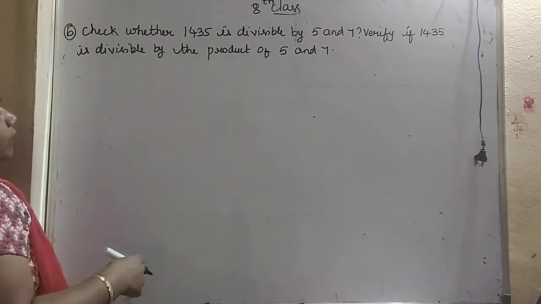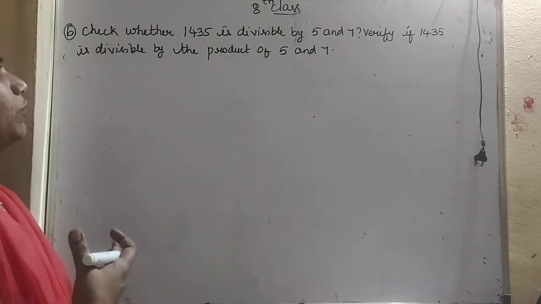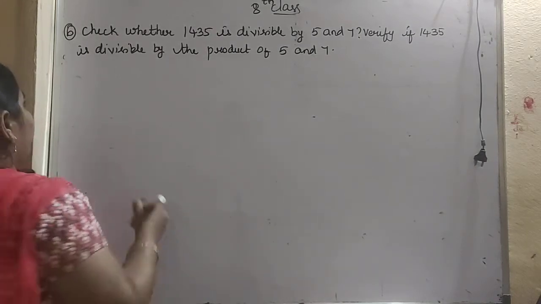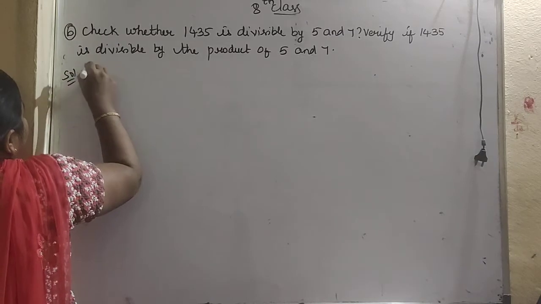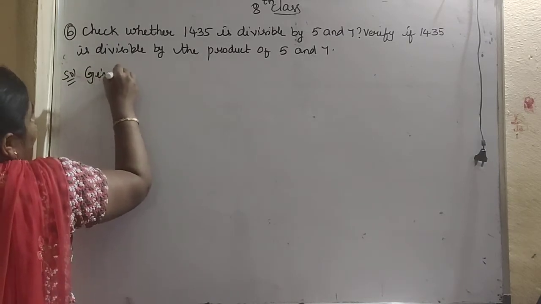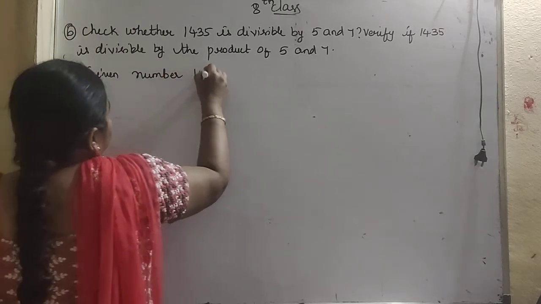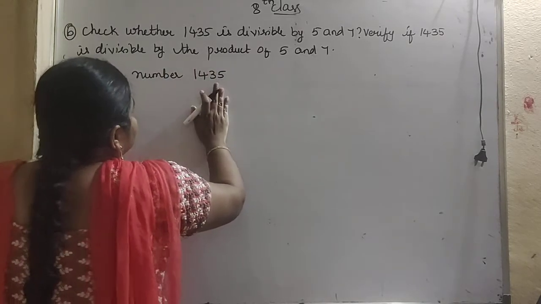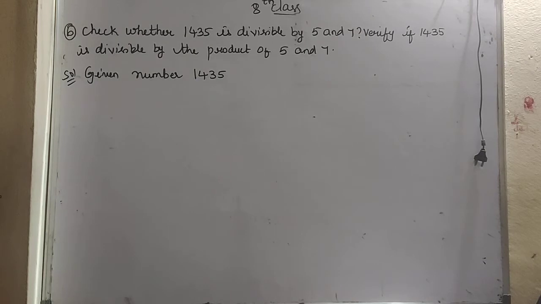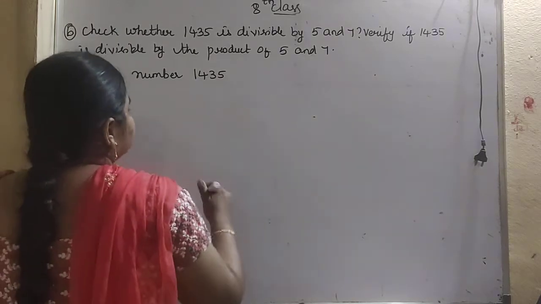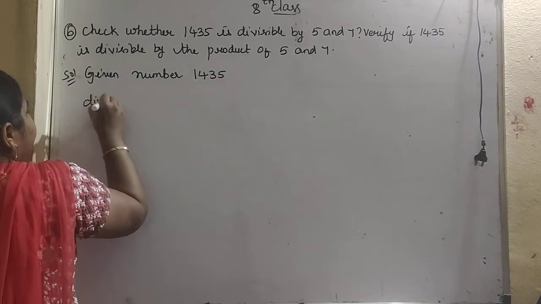So first we have to find whether this value is divisible by 5 and 7 or not. The given number is 1435. First I am checking the divisibility rule of 5.